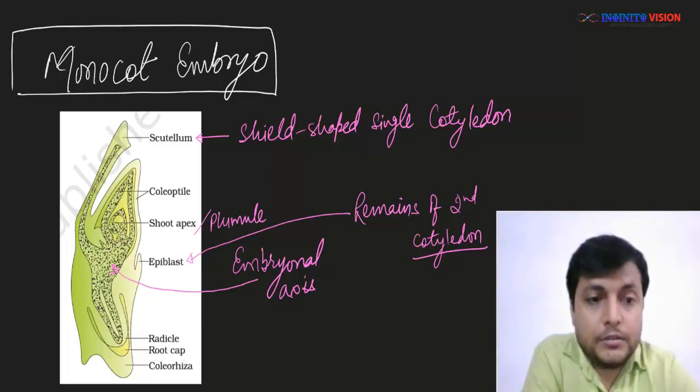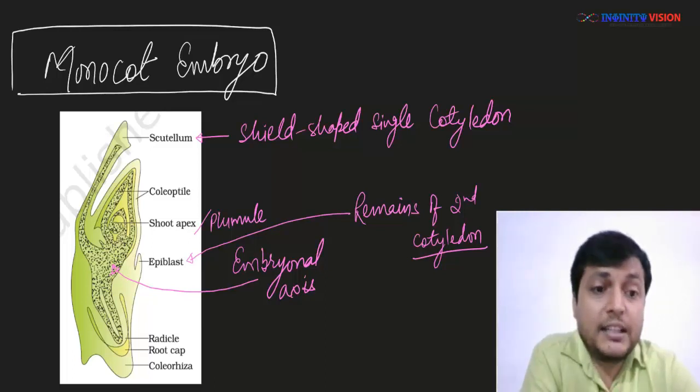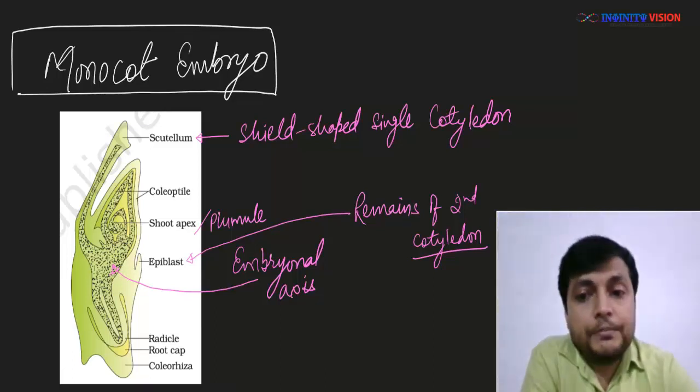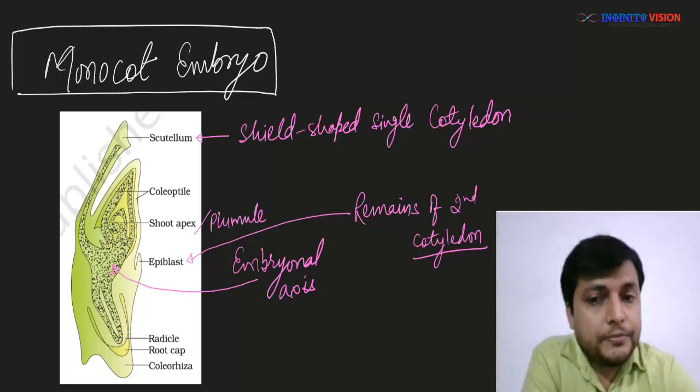So monocot plants are in many things more advanced than dicot plants, and they have developed from the dicot plants. When they developed, they made a lot of changes. However, in the embryo, they still have this remain of the second cotyledon, and this rudimentary remain of the second cotyledon is called epiblast.